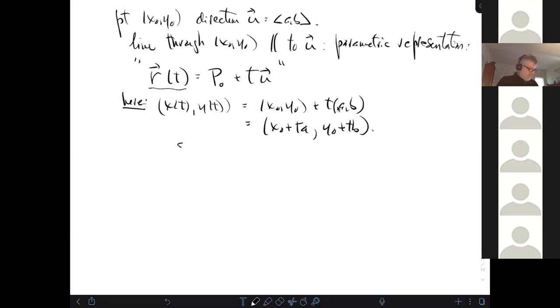So my parametric representation, if I write it in terms of coordinates, is this: x of t is x0 plus t times a, and y of t is y0 plus t times b. Okay, so that's my line through x0, y0, which is parallel to u.